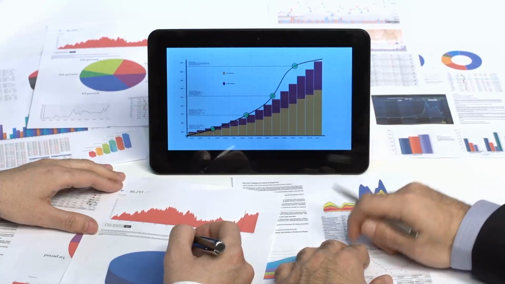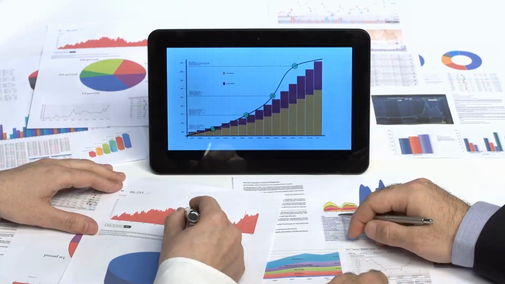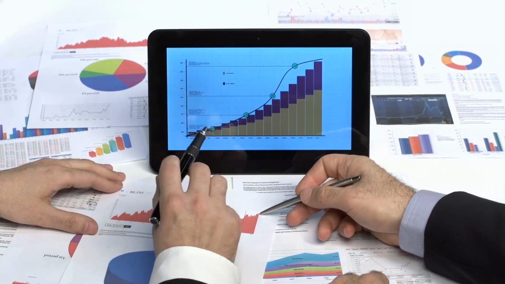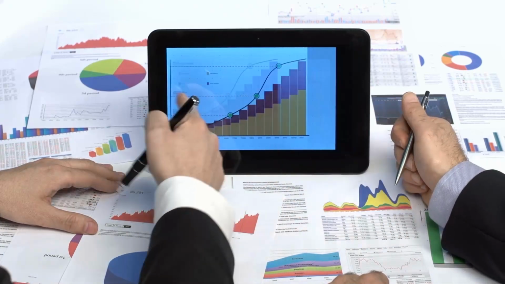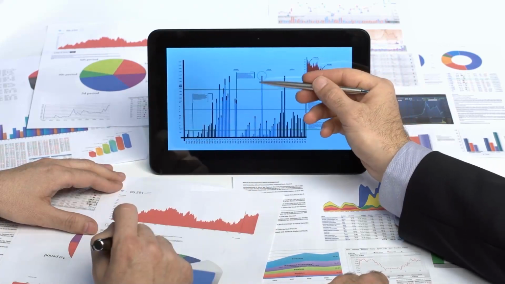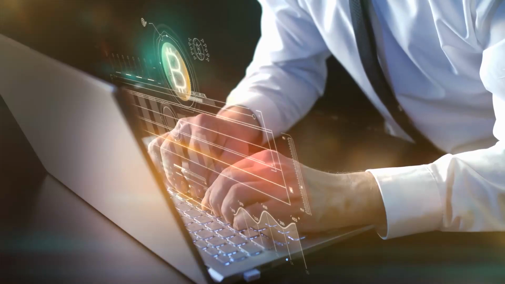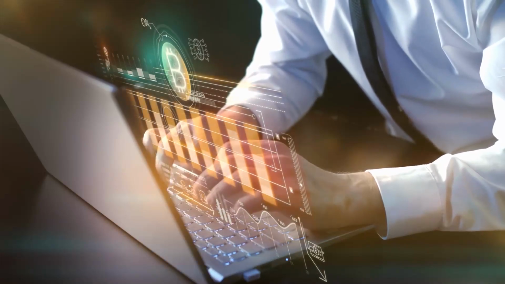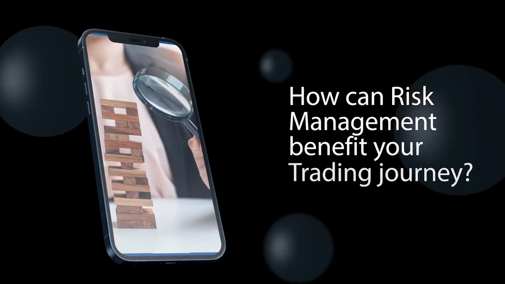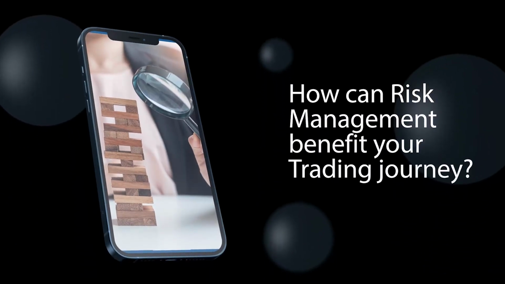However, by implementing effective risk management strategies, traders can protect their capital and minimize losses, even during times of market volatility or unexpected events. This allows them to stay in the game and continue to trade, even when faced with challenges.